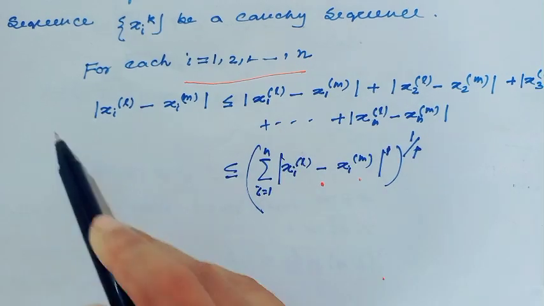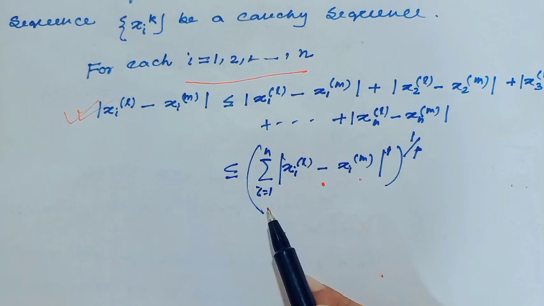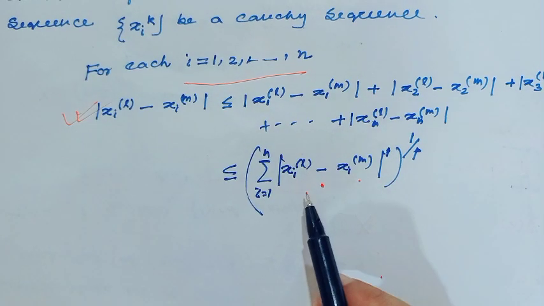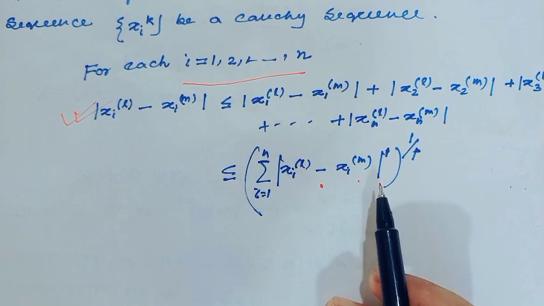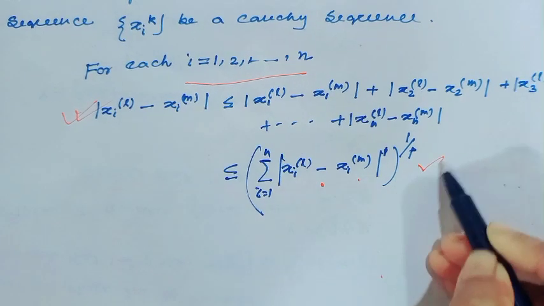Actually, we can write this as less than or equal to the summation i equal to 1 to n of |xi^l minus xi^m| to the power p, all to the power 1 over p.